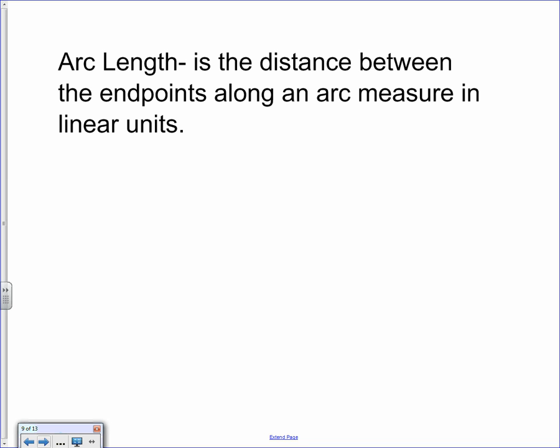So this is going to be in units, feet, meters, things like that. This is based on the circumference and then how much of the circle it is, right? So if we know the arc measure and we know the circumference, we should be able to find the length of each arc.